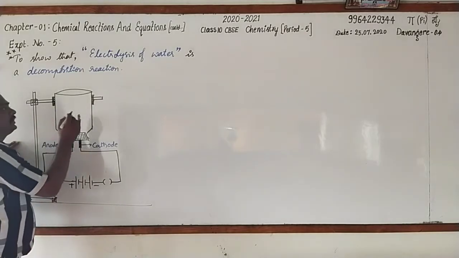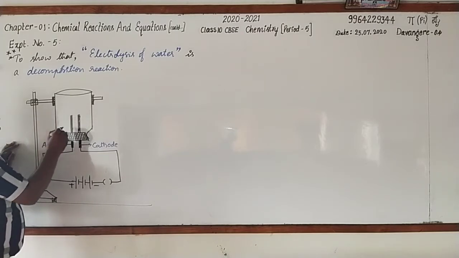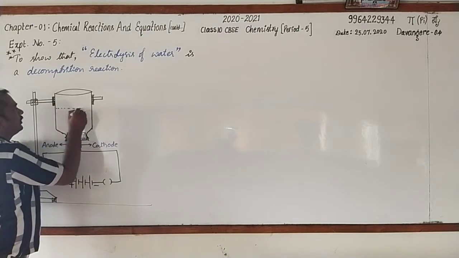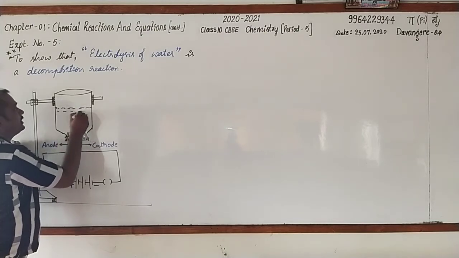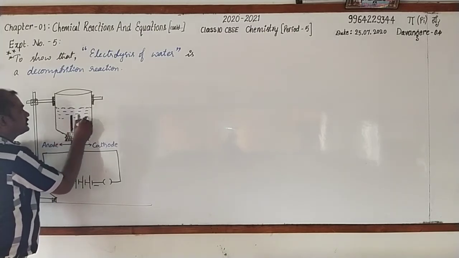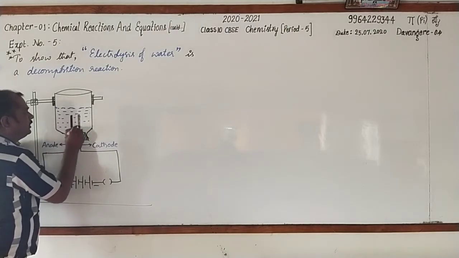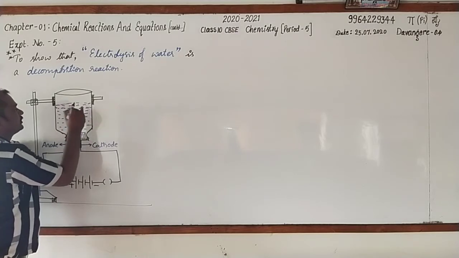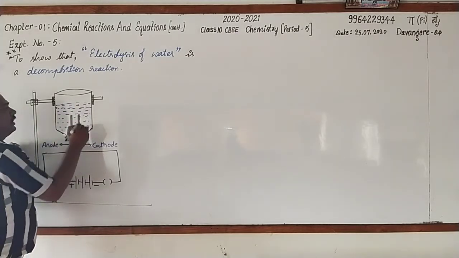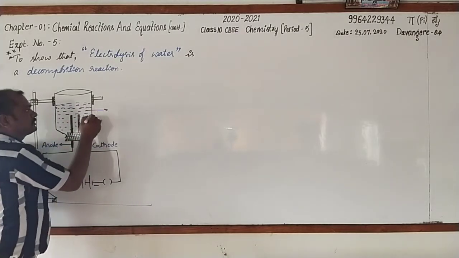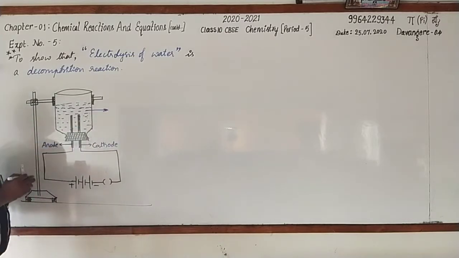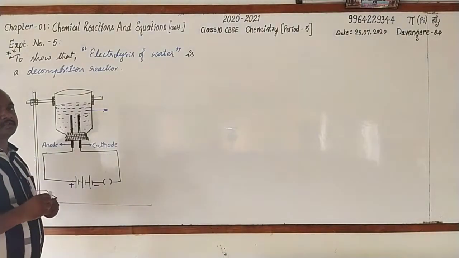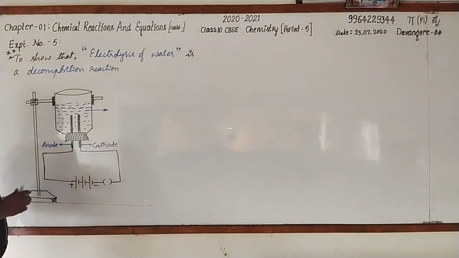Next, take some amount of water. Now we are going to take distilled water into the bottle such that these graphite rods should be immersed in the water. So the level of water should be like this. Clear? And another thing is, to make it conducting, we will add a few drops of dilute HCl or H2SO4, hydrochloric acid or sulfuric acid.